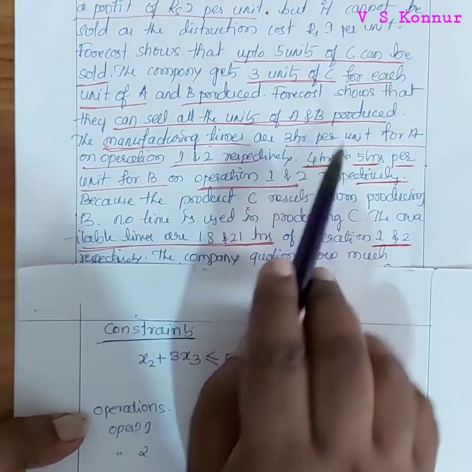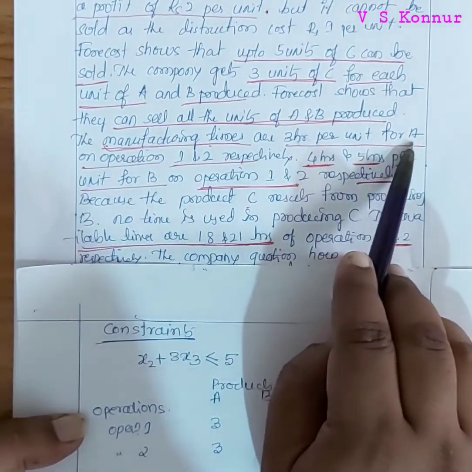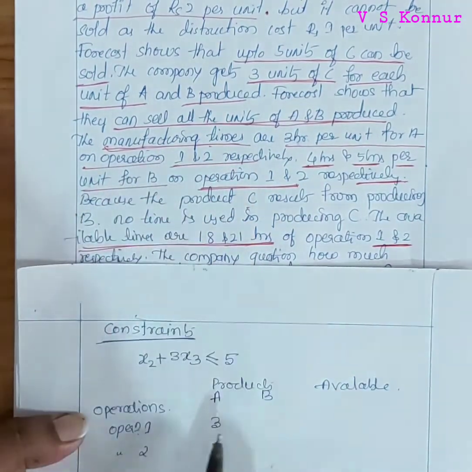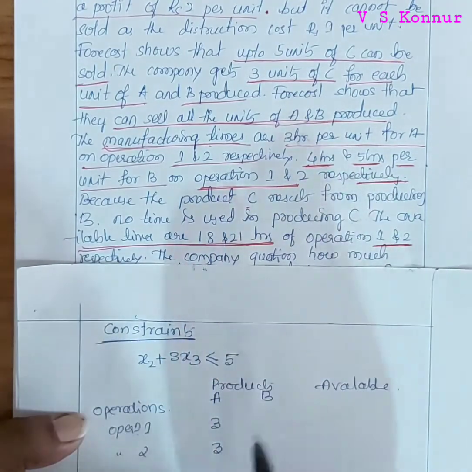It is given in the problem that the manufacturing times are 3 hours per unit for A on operation 1 and 2 respectively. Then for B, 4 hours and 5 hours.